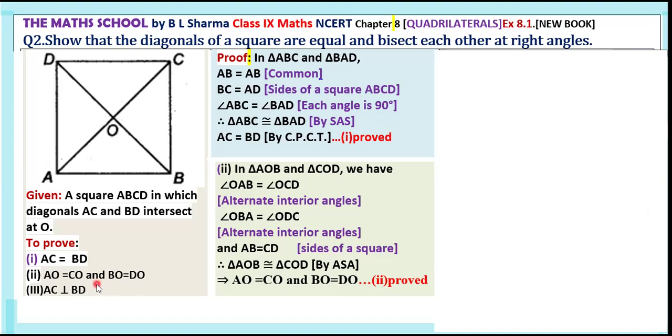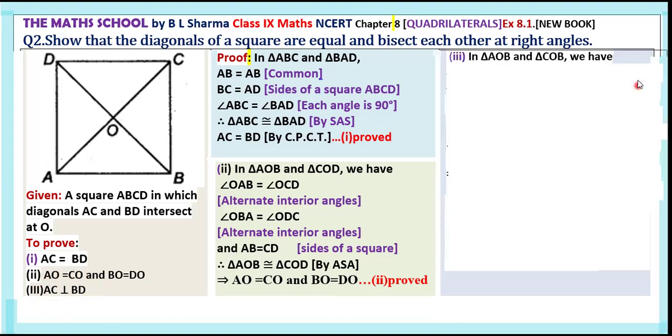And now third part, that diagonals are perpendicular to each other. In triangle AOB and COB, see, AOB, this triangle and this triangle. We have to prove that the two triangles are congruent. How?